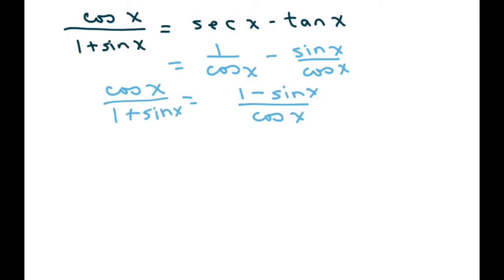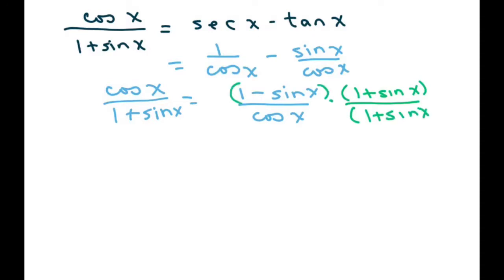To get our right side to look like the left side, we're going to multiply by the conjugate of the numerator. It could be the denominator or the numerator. In this case, it just happens to be the numerator.